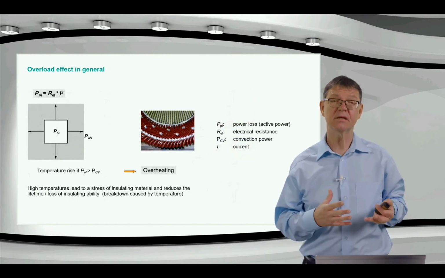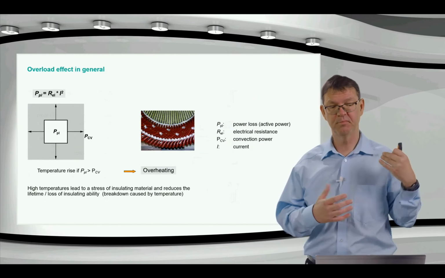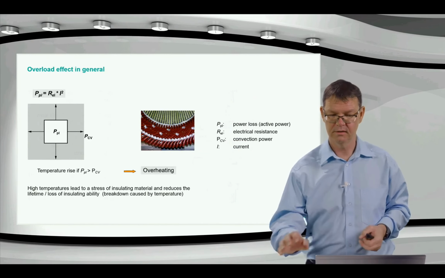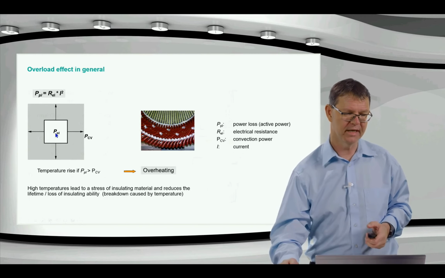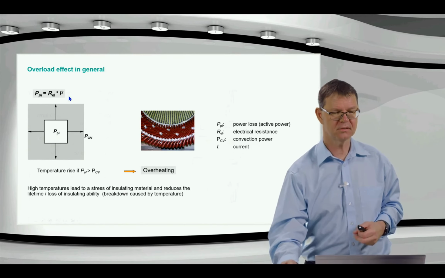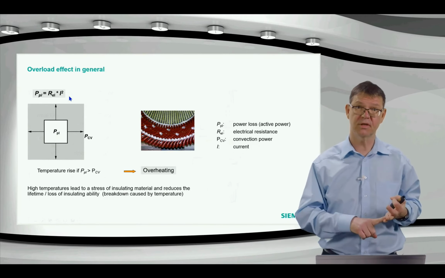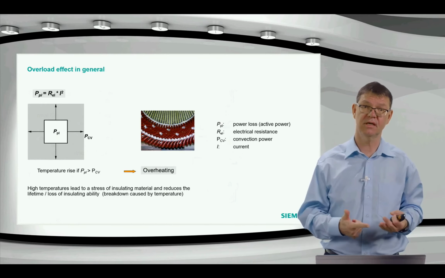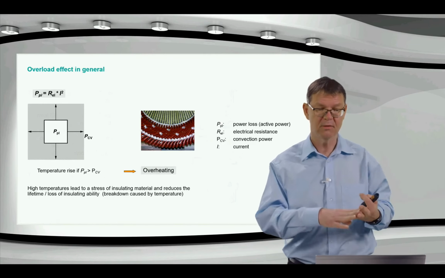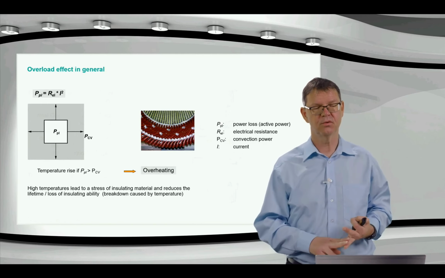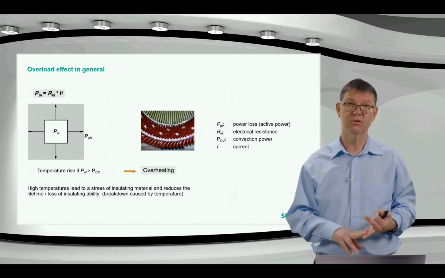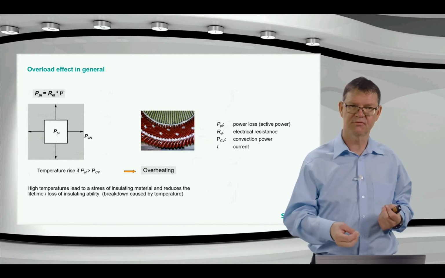Basically, if I put some power into an object, here it is the PPL, power loss. The power loss is equivalent to the square of the current times the resistances I have in that current path. So basically, the current that goes into the stator in our motor, the windings have a resistance.